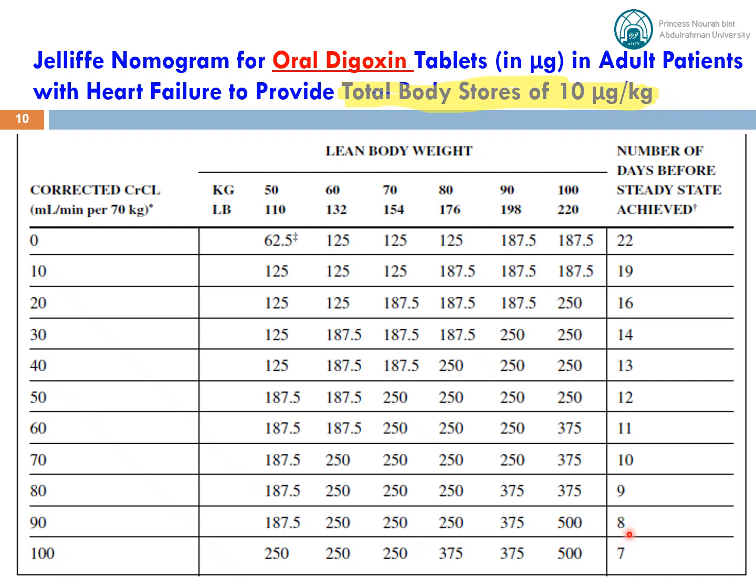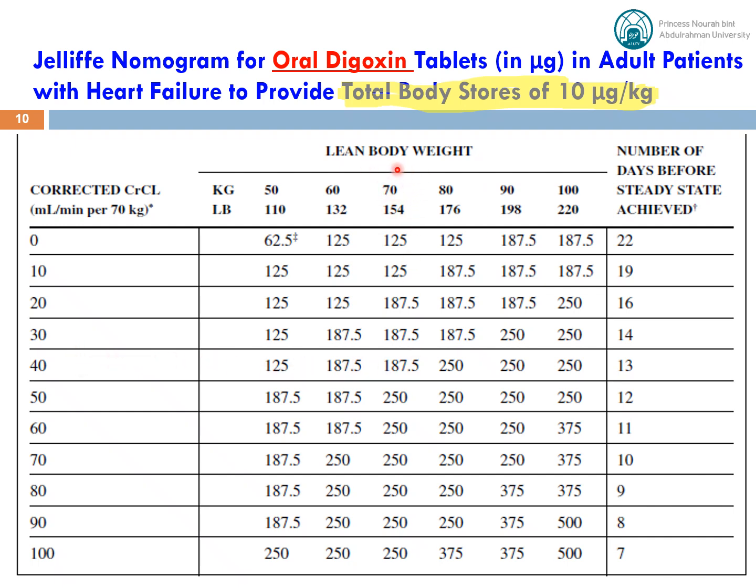Now this is the case, let us say, for a patient with appropriate kidney functionality with a steady state achieved after 7 days. Now let us take a worst case, or a case with bad kidney or renal functionality.